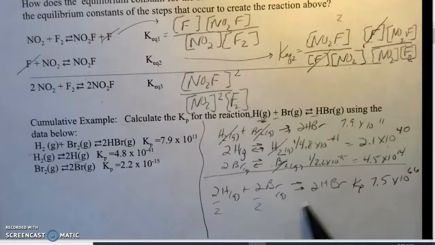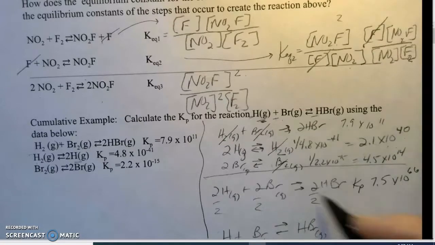So again, if I'm dividing both of these by 2 to get this H plus Br, I'm really taking this whole thing times a half. So dividing by 2 is the same as a half.